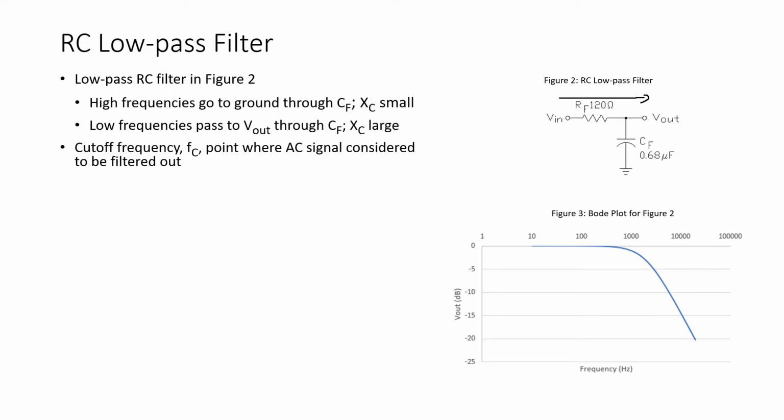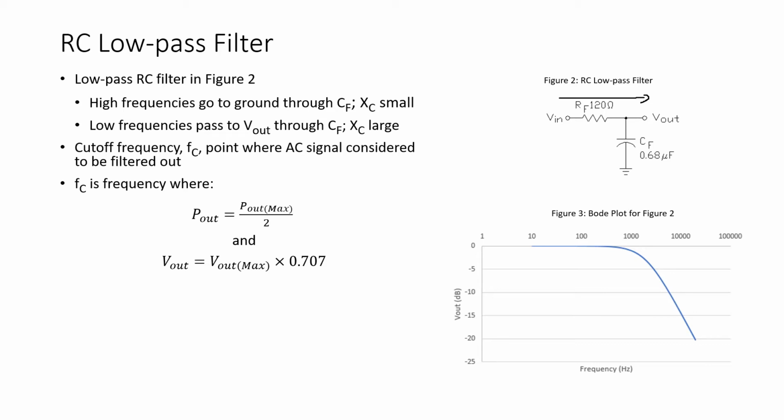Now, again, when discussing these circuits, our point of concern is the cutoff frequency. This is the frequency where the signal is considered to be filtered out. And again, as we talked about in the previous presentation, the cutoff frequency is the point where the output power drops to 1/2 of the maximum output power.